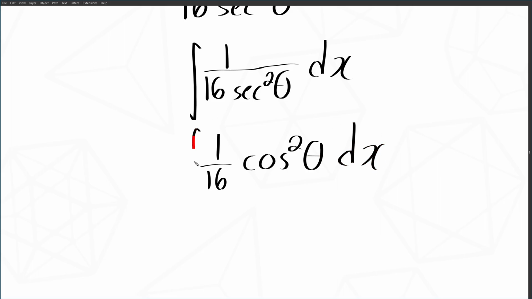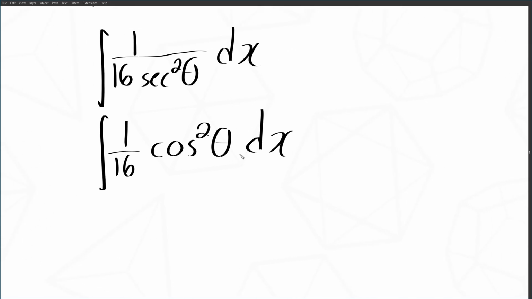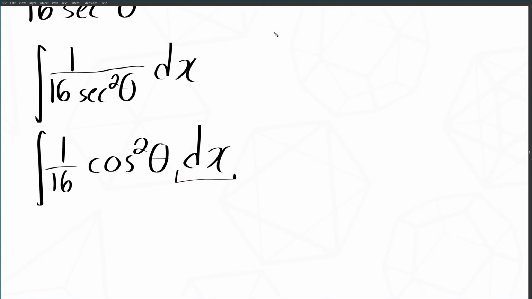Okay, but before we get to integrating, if you know how to do that from here, we have a little problem. And it's that we're integrating with respect to x, but we have a theta. Let's see how we can get rid of this. Go back to the original substitution, which was that x is equal to 4 tangent theta.